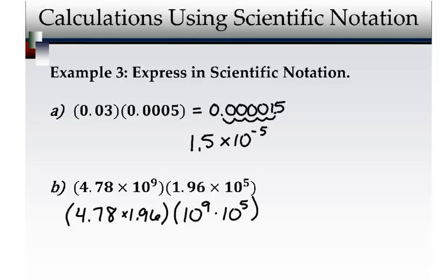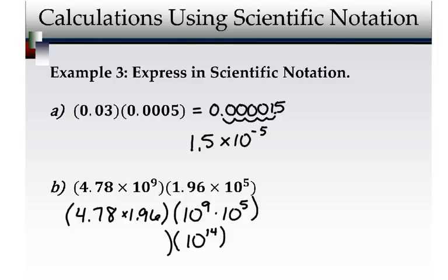Okay? Because whenever we multiply these powers of 10 right here, both bases are the same. They're 10. And you just learned in the last section on exponents that if you have the same bases, what we can do with these exponents is add them together. So that's what I'm going to do. This is going to be 10 to the 14th power.